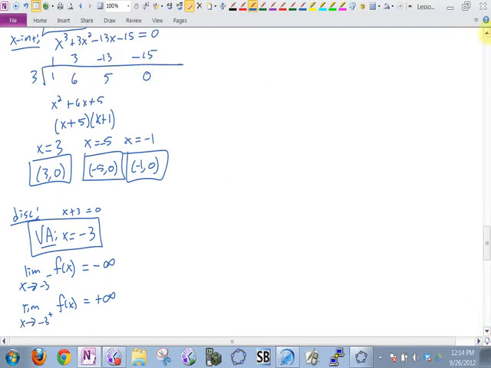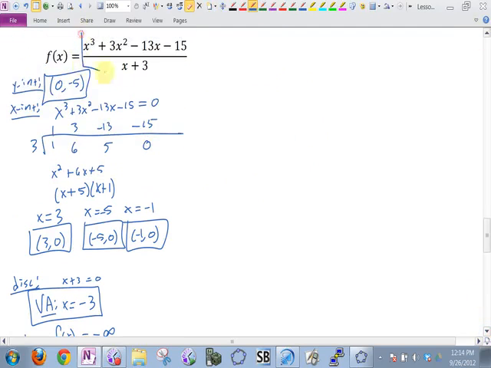I know that this function, when I plug a number really, really close to negative 3 in, is going to output something either close to infinity or close to negative infinity. The number's really, really far away from the origin. It depends on what side of negative 3 you're on. As you approach negative 3 from the left, it's going down.